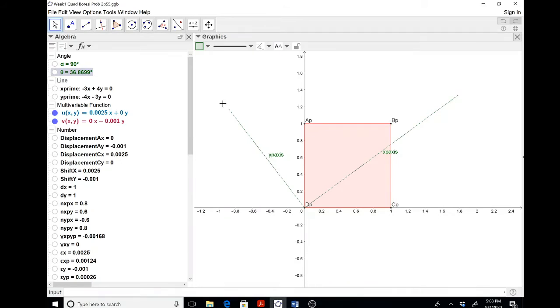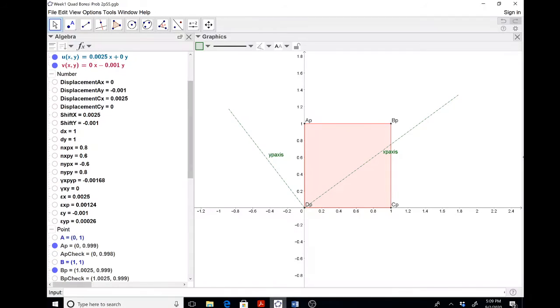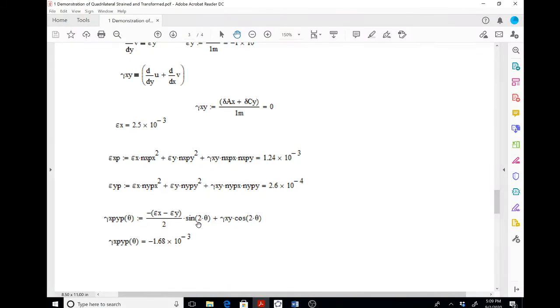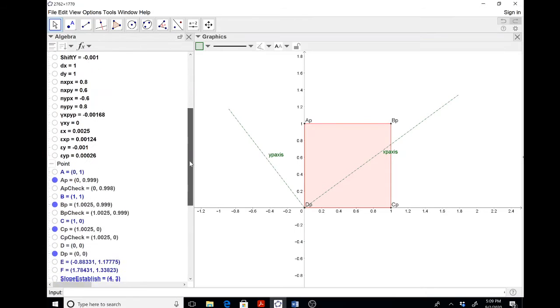Let me repeat that. Y prime all the way to x is simply theta plus 90 degrees. That's kind of a shortcut. And then our strain in the new coordinate system for racking or distortion or shear is this formula. And I did all of these in GeoGebra.